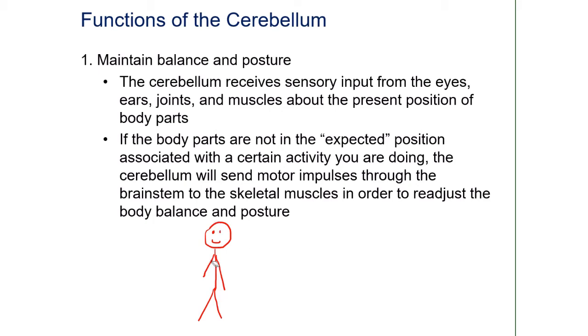So for example, if you're walking, then your cerebellum knows that you're supposed to be in this particular position. So if the sensory input tells the cerebellum that your body falls out from this position, say you trip on a pebble and now you are falling, and your hands are up, and your legs are all over the place, then the sensory inputs from the eyes, joints, and muscles will tell the cerebellum that the body parts are no longer in the expected position.